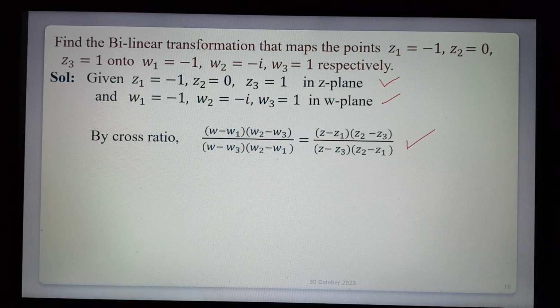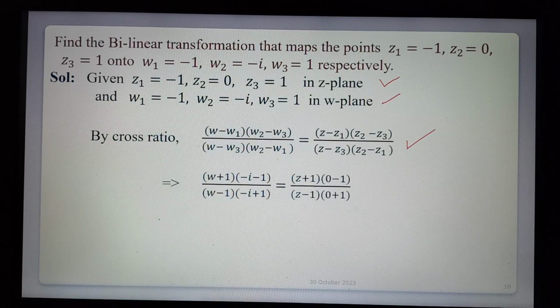Substituting all the values in this formula: w1 = -1, so (w + 1), w2 = -i, w3 = 1, so (w - 1), then (w2 - w1) is (-i + 1), and (w2 - w3) is (-i - 1). Similarly, substitute z1, z2, z3 on the right side. Now simplification.